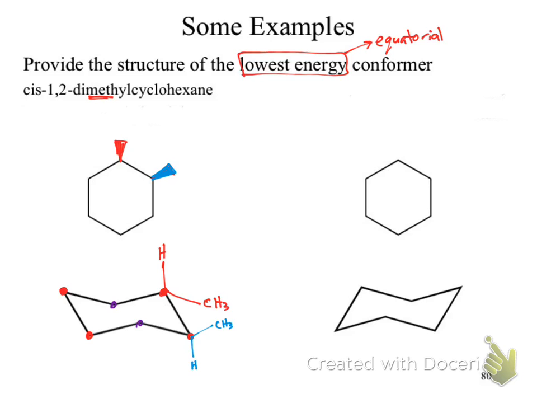The red methyl is aimed where? Down. The blue methyl is aimed up. What did I just draw? Trans. I wasn't asked for trans. I was asked for cis, which means it would have to be drawn down.